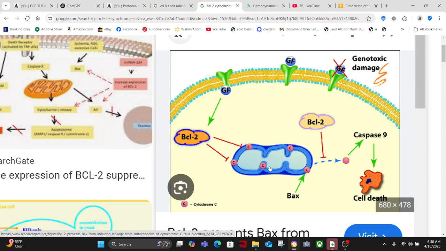Decreased BCL2 causes apoptosis to happen. Increased BCL2 stops apoptosis from happening. Remember that. Increased BCL2 stops apoptosis from happening. Decreased BCL2 causes apoptosis to happen.